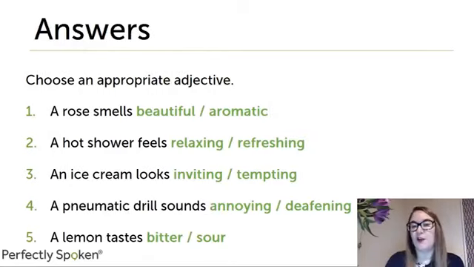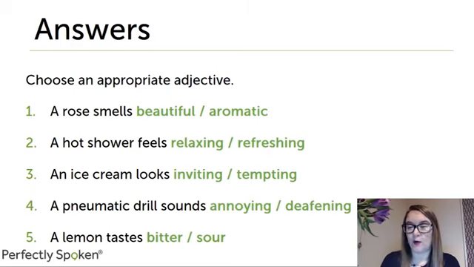Okay, again, lots of possibilities, and it could be the ones that I've chosen are different to the ones that you've chosen, but the important thing is that you have an adjective in here. Okay, let's have a look together at some possibilities. So, a rose smells beautiful, aromatic.